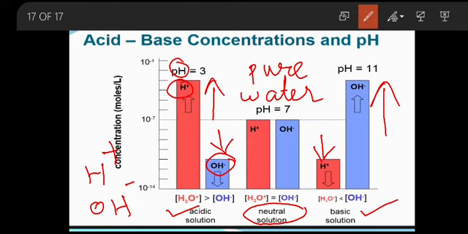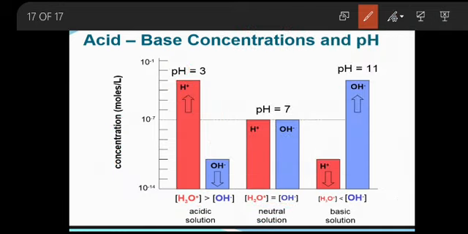If either of the ions, either hydrogen or hydroxide, is high enough, then it will not be a solution which we can use for drinking. It will be an acid or a base. Did you understand that, children? So, for a neutral solution, both my hydrogen and hydroxide ions will be equal in nature.